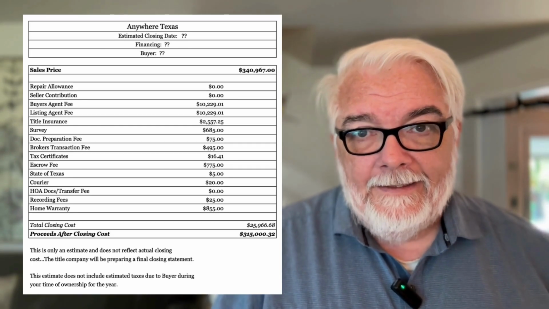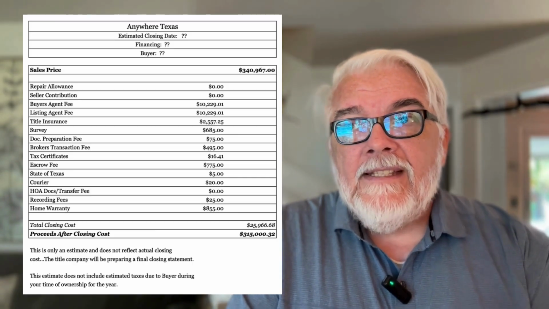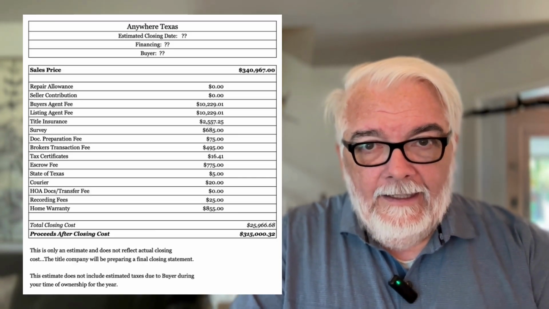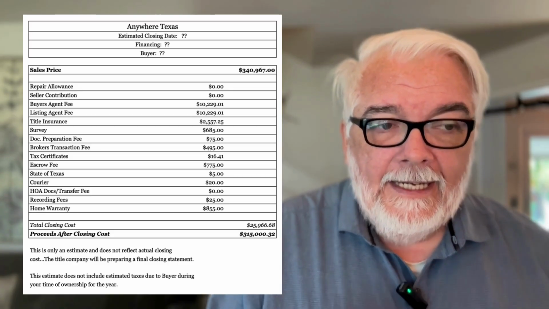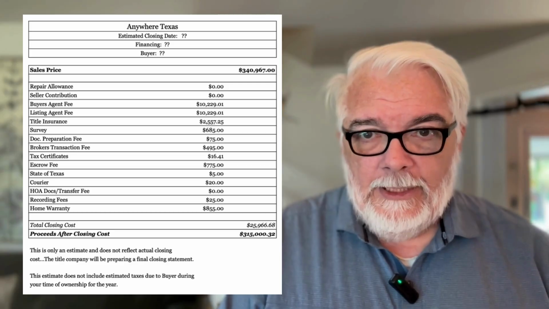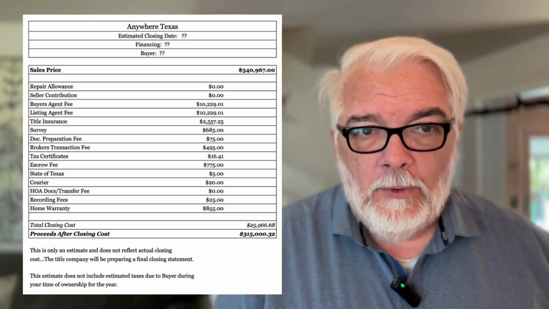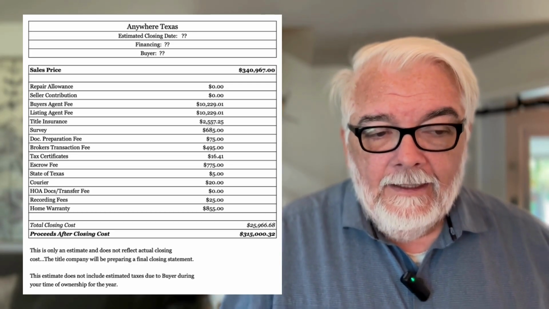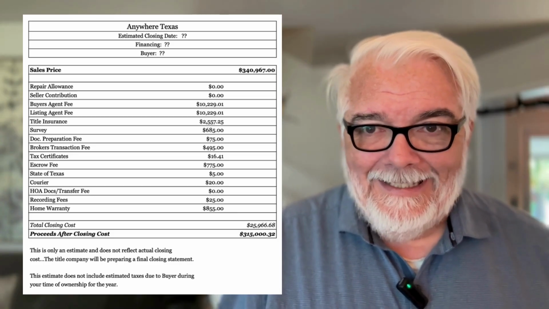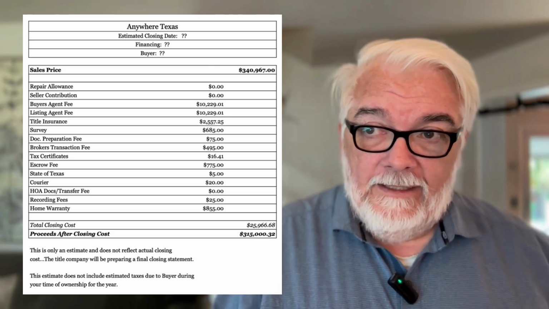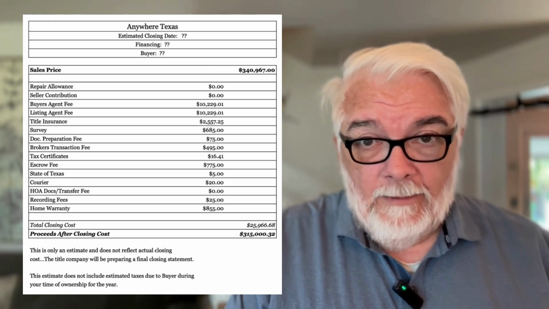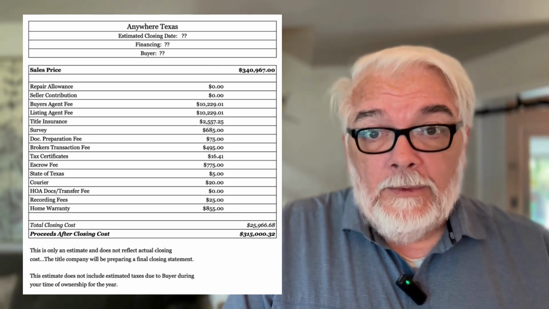Next, we have a survey. A lot of the times, if the seller has an existing survey, then that can be negotiated in the terms of the agreement that an existing survey can be used in lieu of the forced purchase of a new survey. If that survey is used and it's unacceptable, then a new one will have to be done, and who pays for that is generally negotiated as to whether the buyer pays for it or if the seller will pay for it.